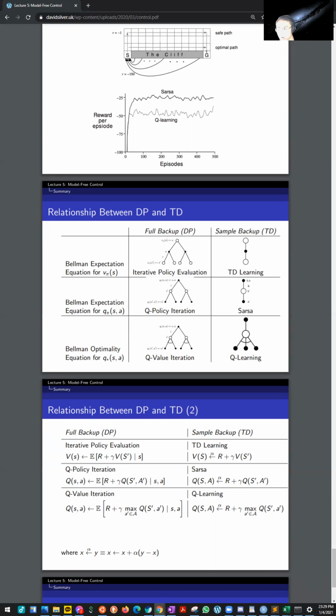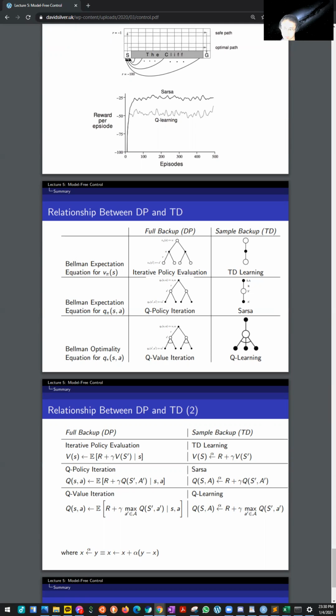If we apply the full backup to the Q value, it becomes the Q policy iteration. The only difference between the iterative policy evaluation and this Q policy iteration is that our interest is now on the action value. Otherwise, it's completely the same.